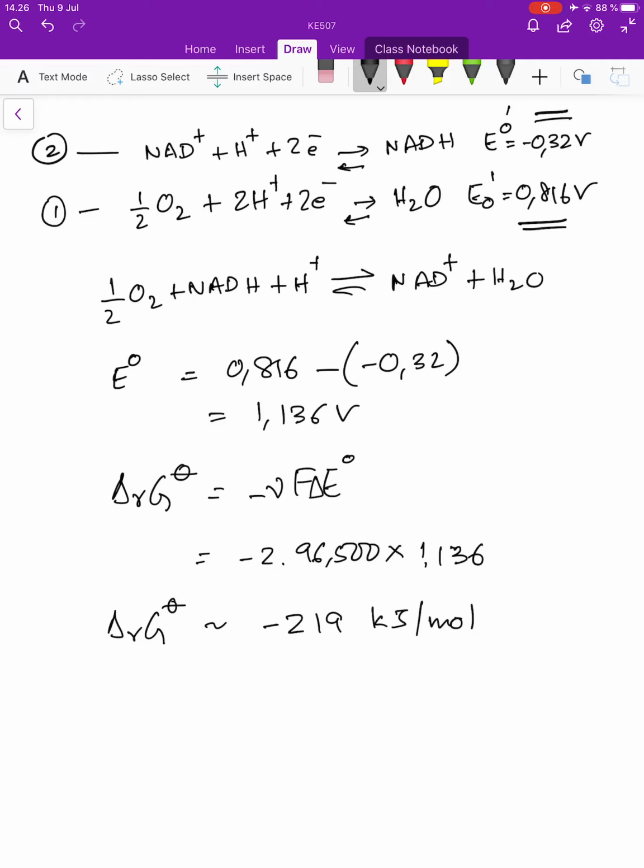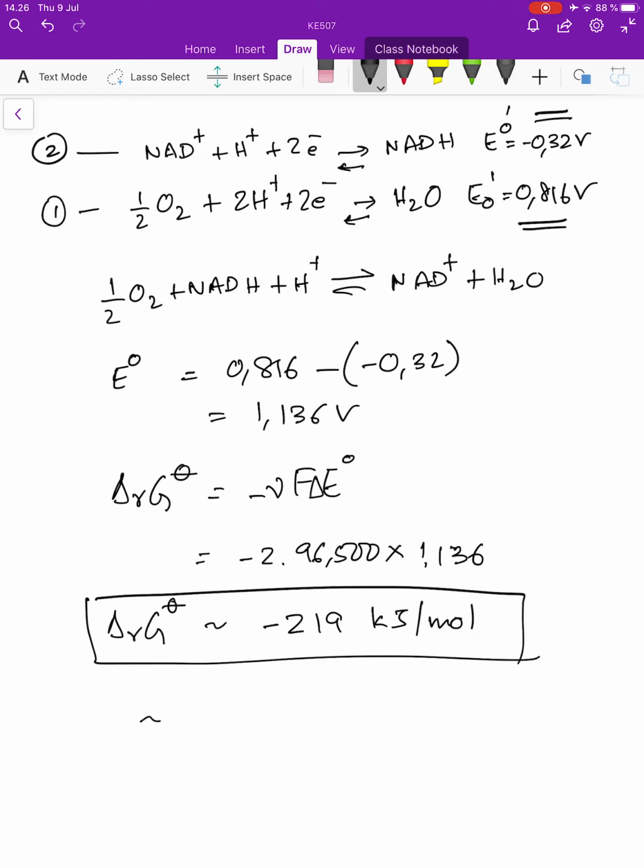So under standard condition, oxidation of one molecule of NADH will produce so much free energy. This free energy is much larger than the free energy of hydrolysis of ATP, which under standard conditions is about 30 kilojoules per mole.